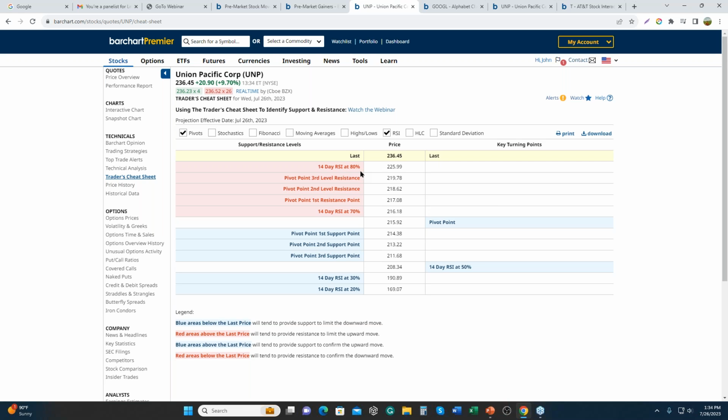So even though the gap and go is confirmed by price and volume, the technical analysis, the ATR and the RSI, are saying to us that we're at the higher end of the range of price today, the higher end of price over the last 14 days. And maybe this is not a great gap and go trade. And maybe we might want to wait a few days for greater confirmation, or maybe we might even get a bit of a price reversal.